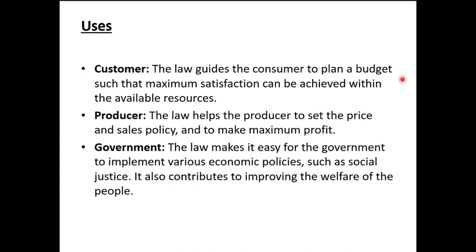Remember, it helps the producer in setting a price, then in deciding a sales policy, how the sales policy should be and what the target group is. And the last one is to reach their objective, that is maximum profit. So in these three areas, the law helps the producer.